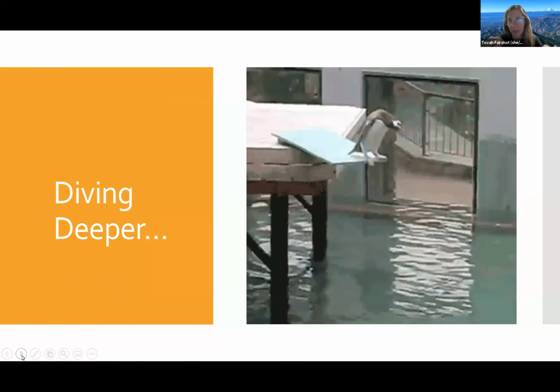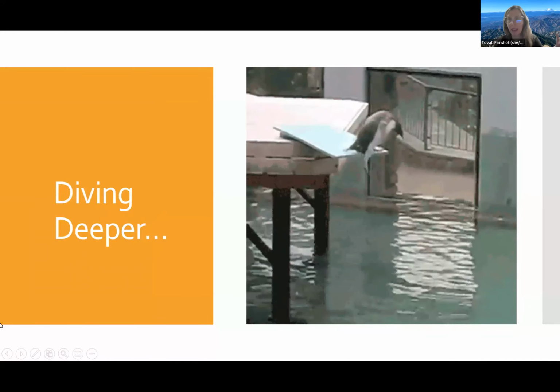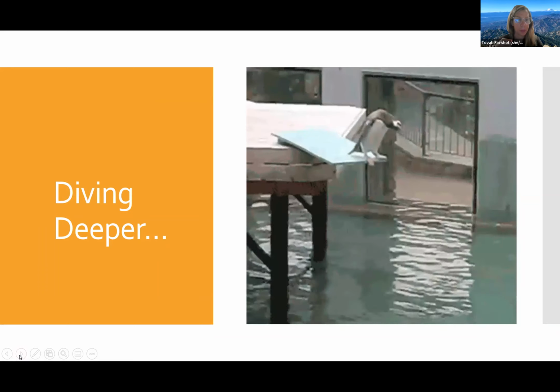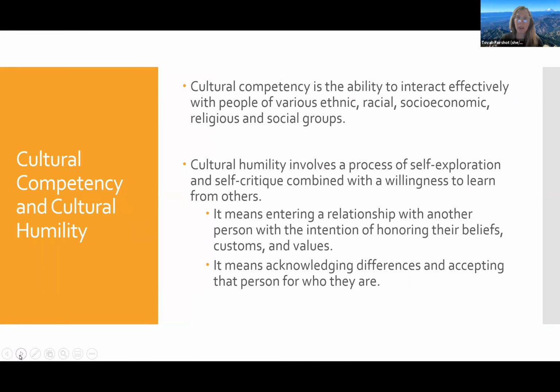But we want to dive deeper than that, right? We don't just want to be successful working with students of different cultures. We want to start moving towards cultural humility. Whereas cultural competency is the ability to interact effectively with different cultures, going deeper goes into cultural humility. And this is a process of self-exploration and self-critique combined with a willingness to learn.